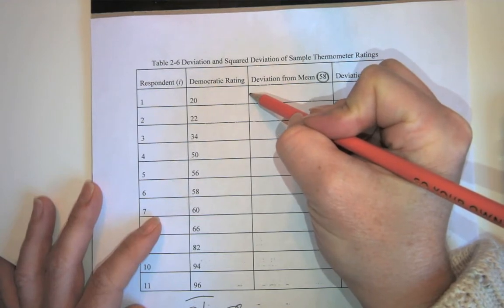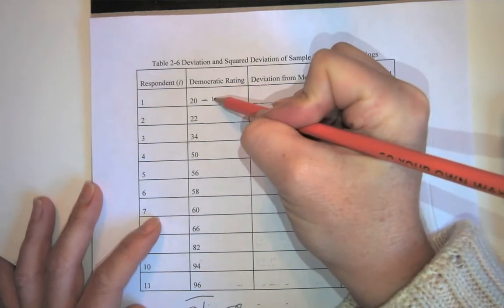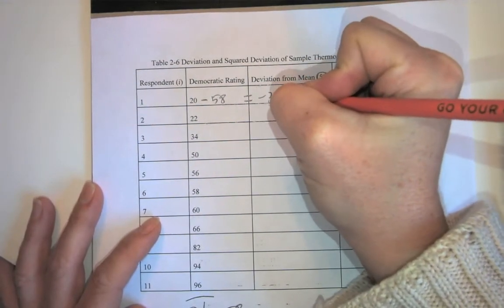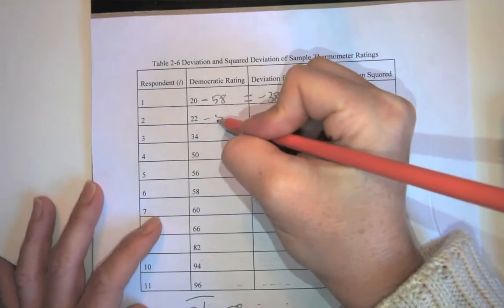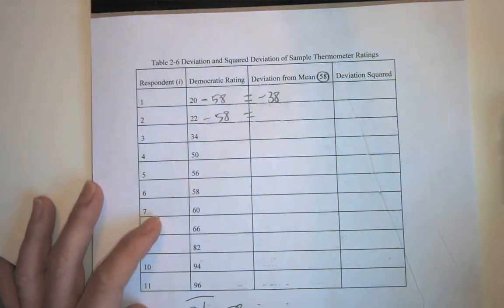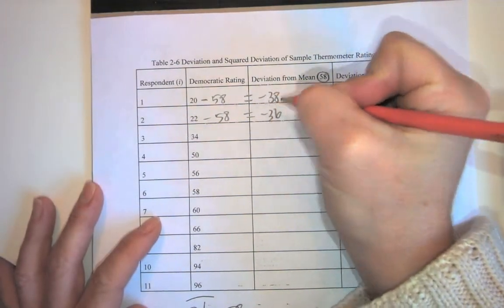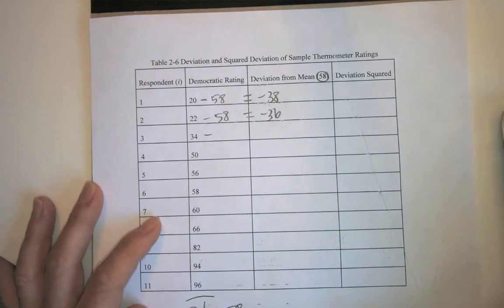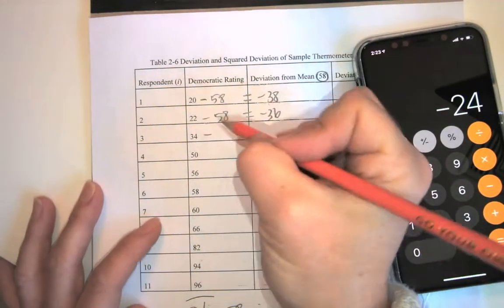So I subtract here 20 minus 58 equals negative 38. The second value, 22, minus 58 equals negative 36. And I told you in class, and I'll remind you again here, keep your negative. I'll show you why in a moment.